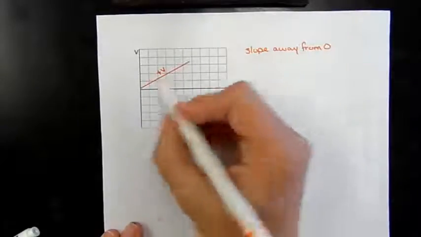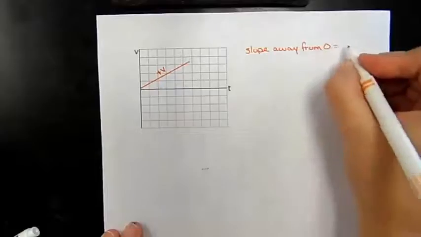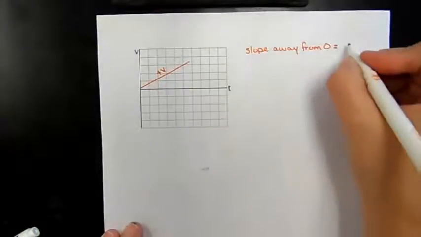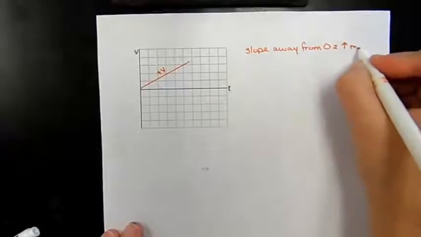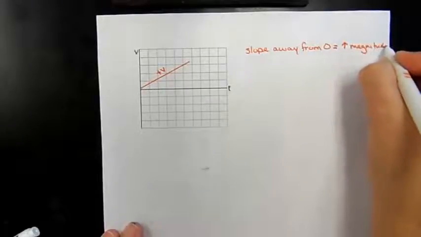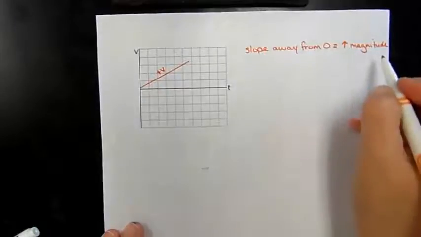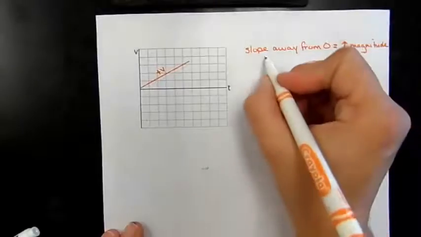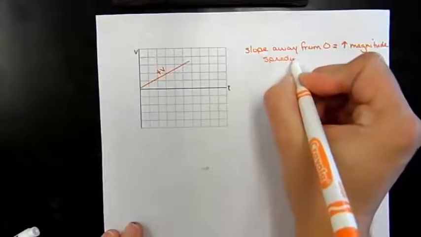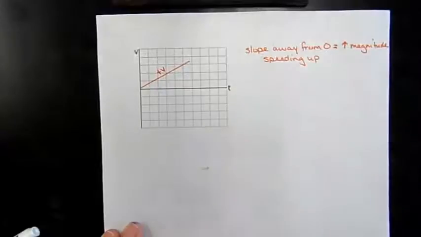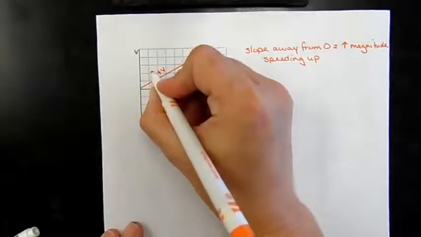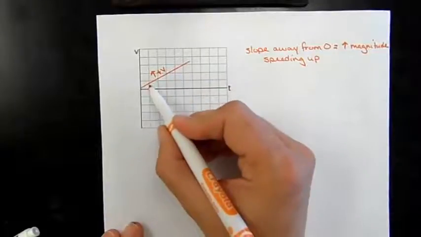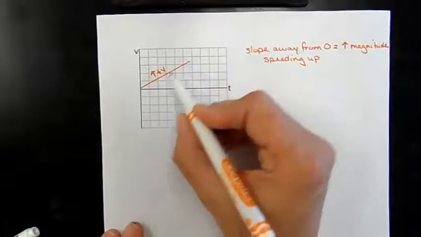This means that the magnitude is getting bigger. So as we move away from 0, we increase the magnitude. If we are increasing the magnitude of our velocity, we're speeding up. So our velocity is getting bigger, and we're moving in a positive direction.